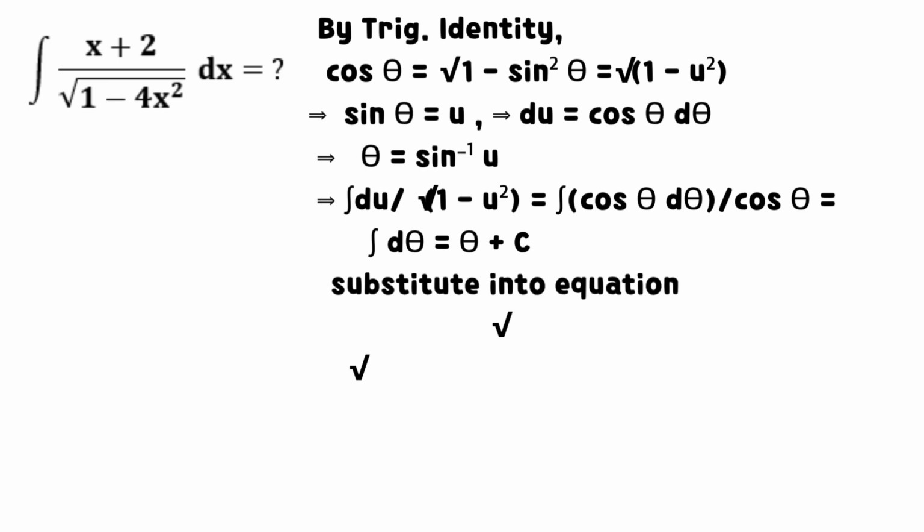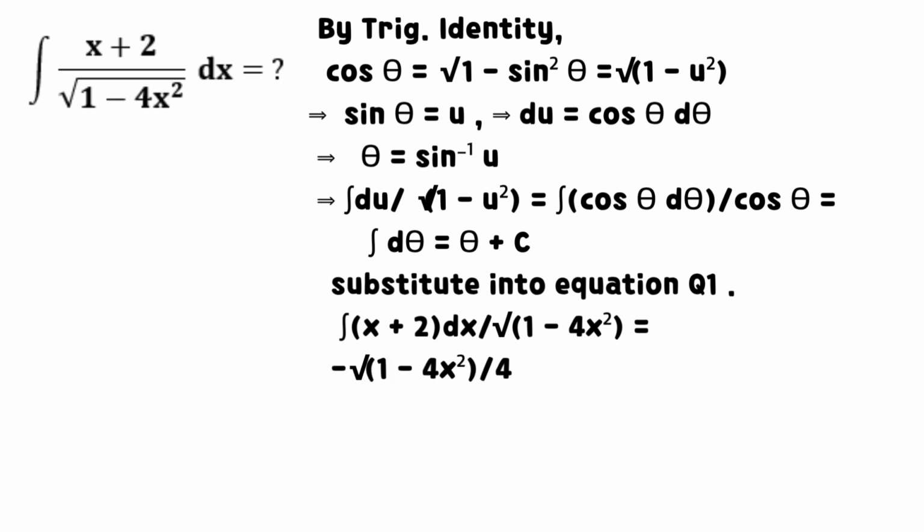Substitute into equation Q1, the integral of (x + 2) dx, all divided by the square root of 1 minus 4x², equals the sum of negative the square root of 1 minus 4x², all divided by 4, and theta plus c, the constant term of the integration.